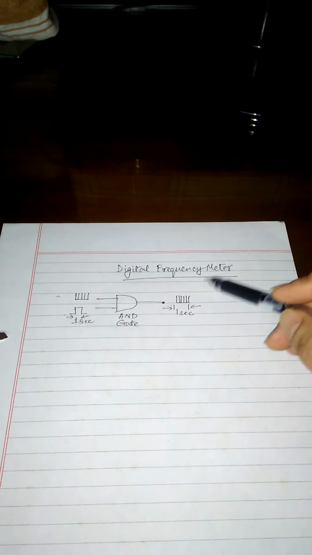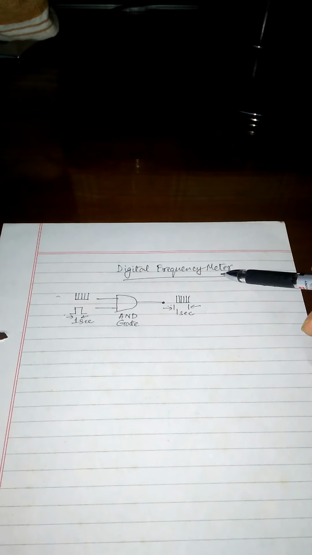As it is a frequency meter, the output indicates the frequency level. The meter which is used counts the values and indicates the frequency.